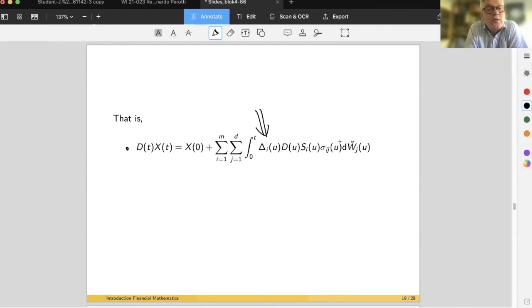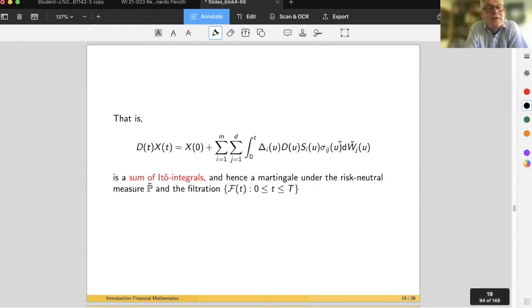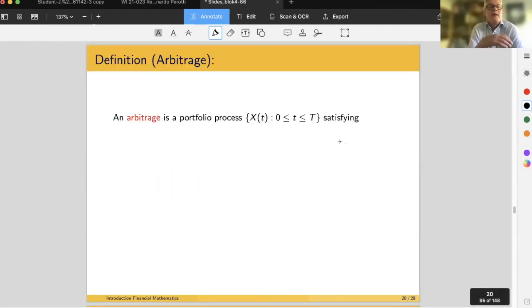I'd rather go with you now to the concept of arbitrage, because that is a very important concept. Basically, arbitrage means there is an opportunity to make a profit which is larger than just putting money on a bank account without any risk. And if you think about it, that cannot be.